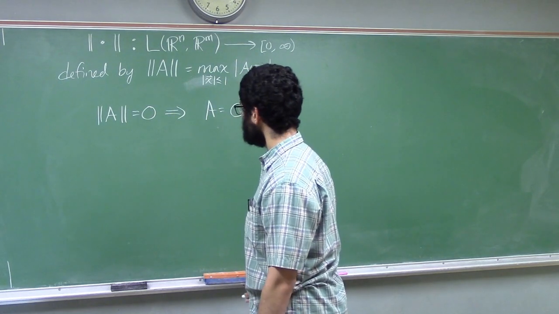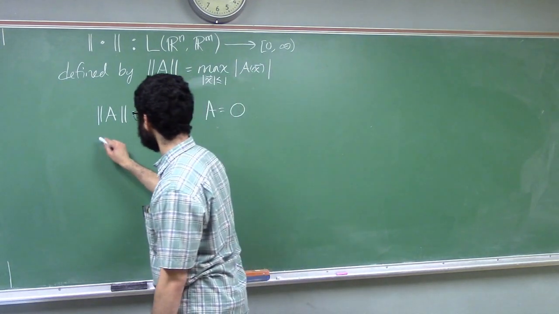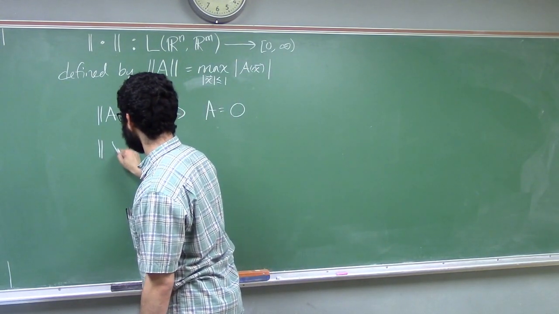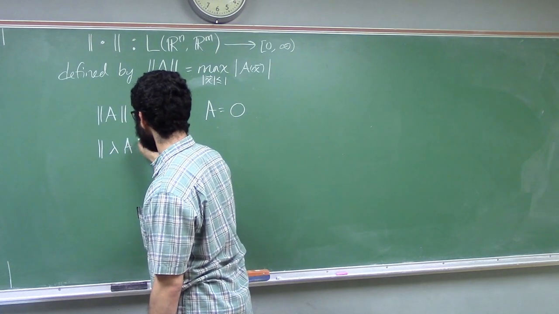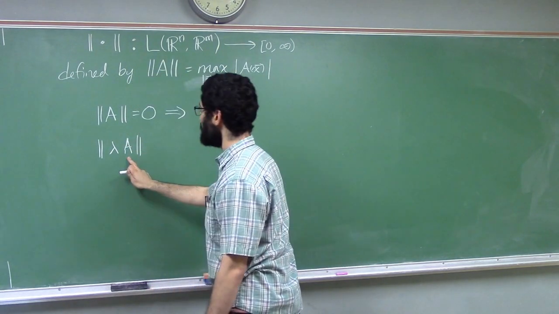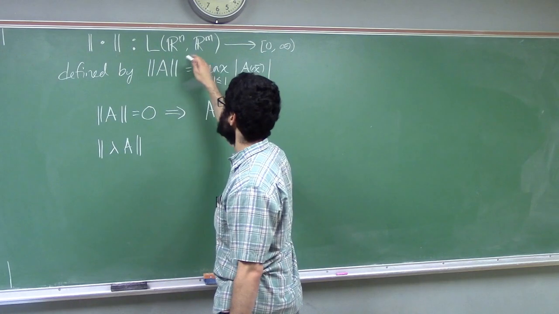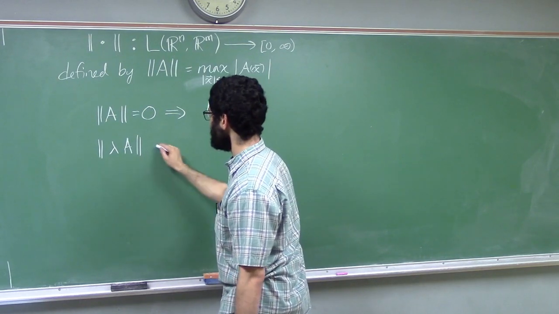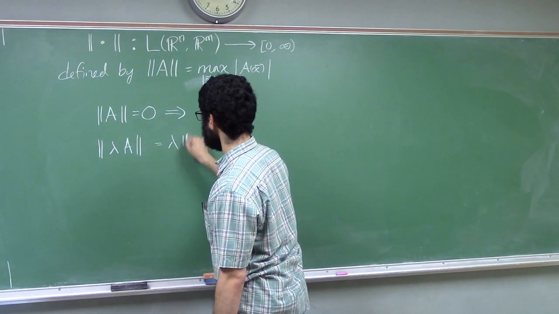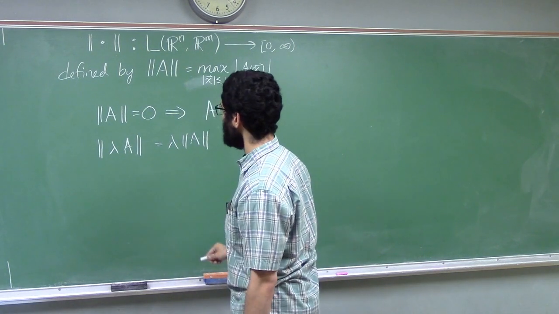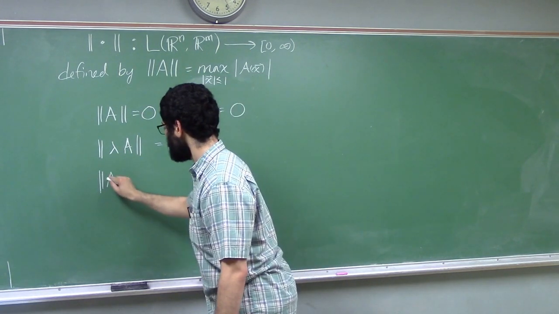The next property is, if you scale A, thinking of A as a vector, but it's a linear map from Rn to Rm, and you pointwise scale it, then the norm scales accordingly. And finally, the triangle inequality.